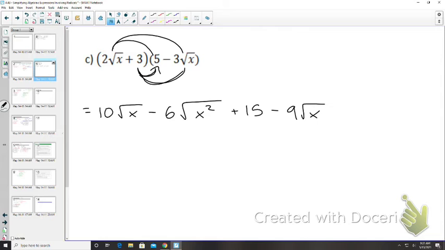We can simplify this a little bit. We have a root x and a root x, so 10 minus 9 just leaves me with root x, minus 6 x squared, plus 15.